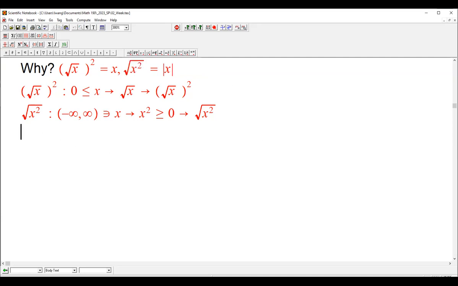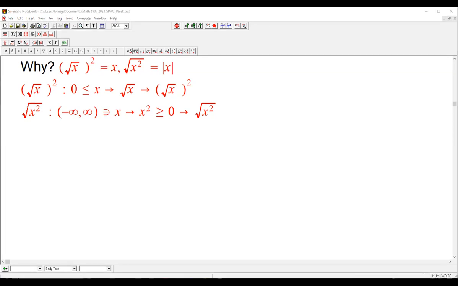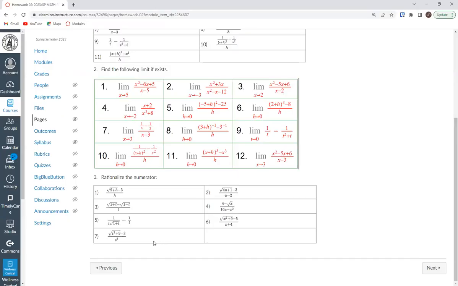This is very important to understand, because when you rationalize a numerator or denominator with radicals involved, you often encounter this situation, and so you're going to apply this form. Let's do another question here.